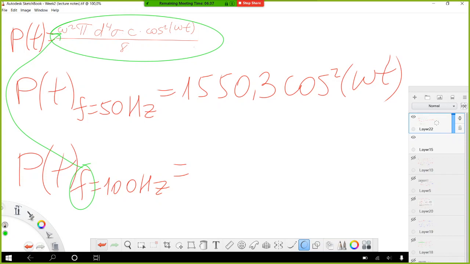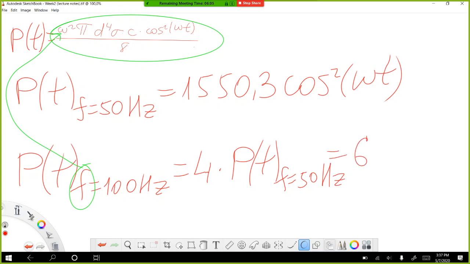So the power dissipated at 100 hertz is 4 times larger than the power dissipated at 50 hertz, and is equal to 6201.2 multiplied by cosine squared omega t.